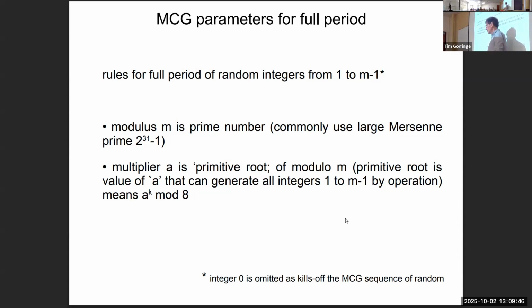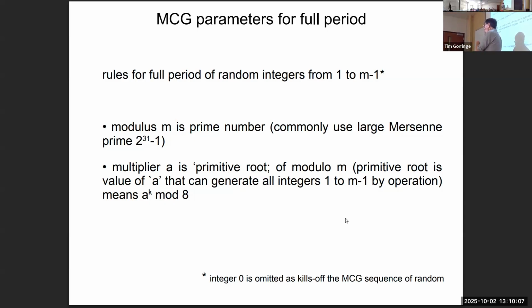Since it's a prime number, can any of the integers between 0 and m qualify as a primitive root, if I'm understanding correctly? Well, they may be a primitive root or they may not. I can show you an example, actually.